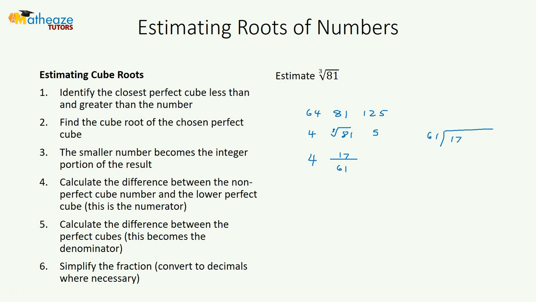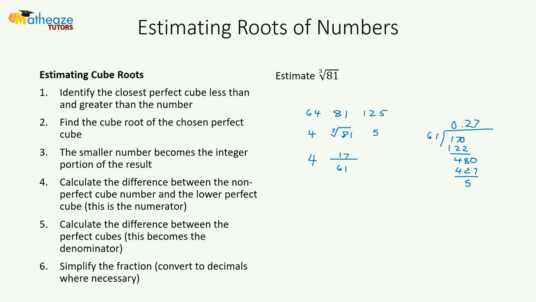17 over 61, 0 point, put a 0 here, we got 2, 122, 48, you bring down a 0, and we have a 7 here. This is going to give us 427.